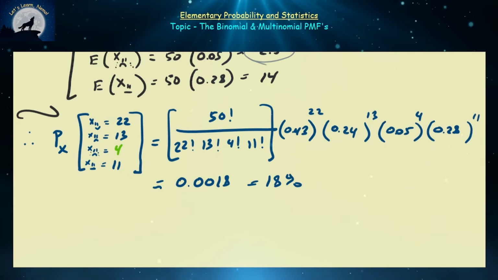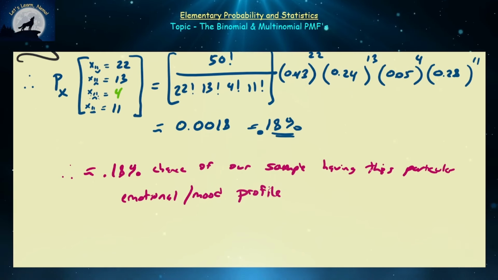There's an approximate 0.18% chance of our sample having this particular emotional profile. Some people also say mood profile. And that's how you can use a multinomial to assess that.